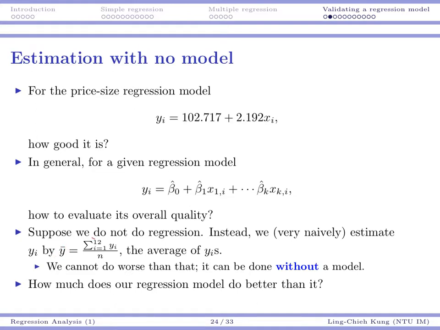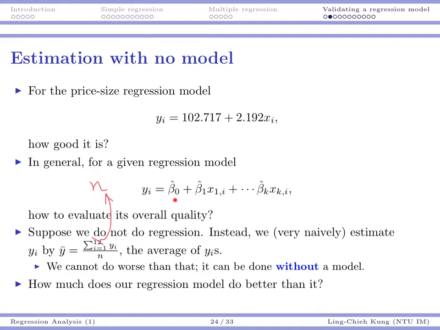In any case, we can always simply use the simple mean as the predictor. That's going to be somewhat stupid, right? We don't really consider any relationship between price and size. We ignore all other information. So that's going to be our benchmark.